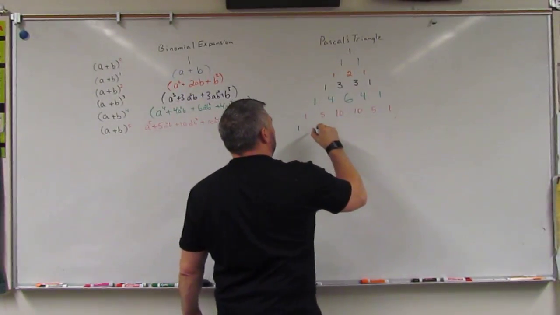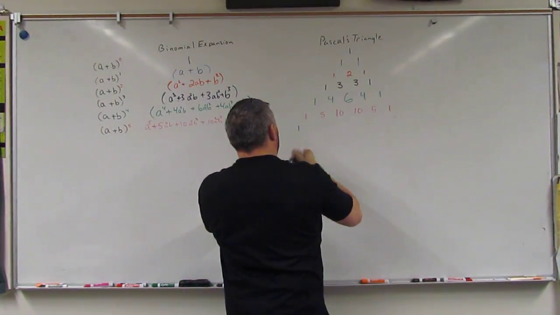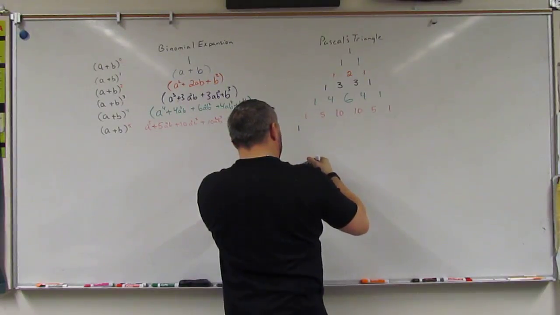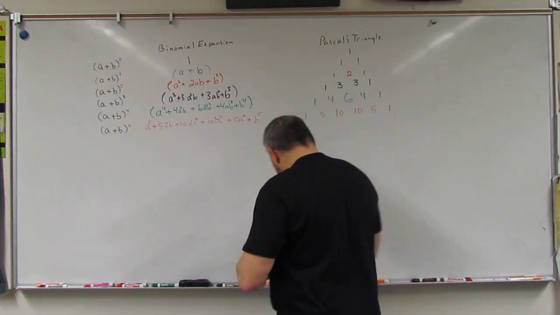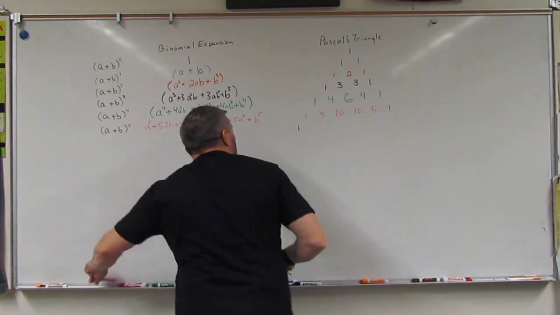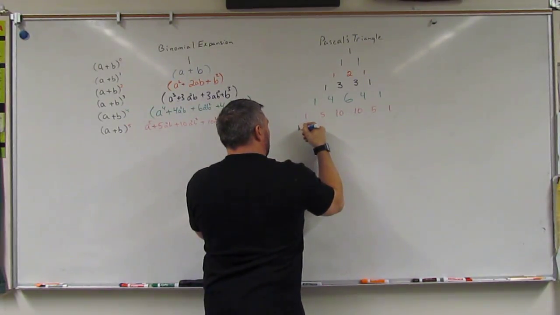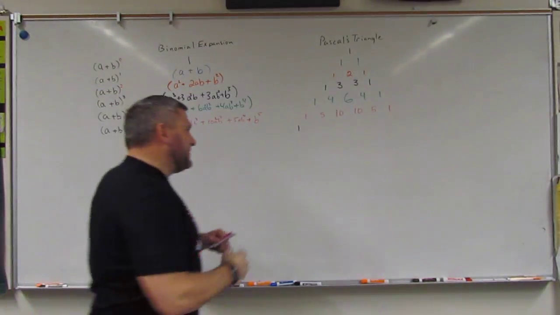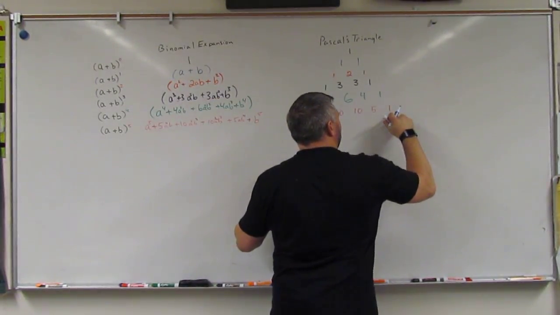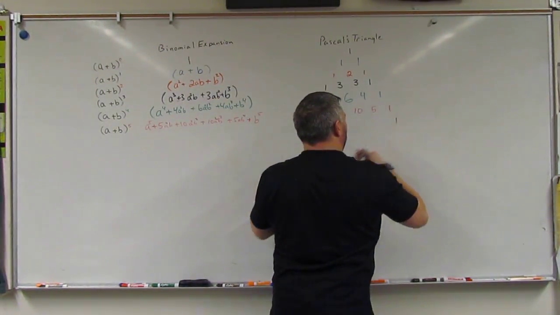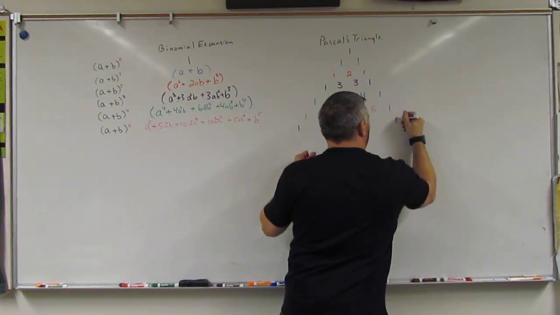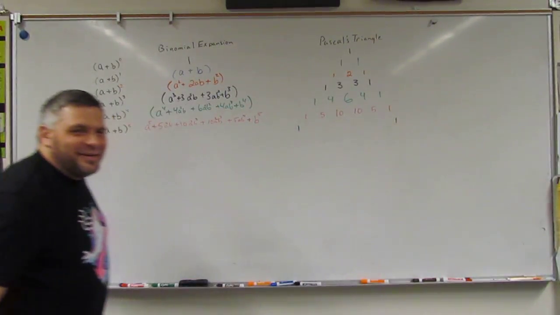If we have one, well, that's blue and blue. Doesn't matter. Pink. And then blue. There we go. That light blue, right? 1 and 1. There we go, light blue.